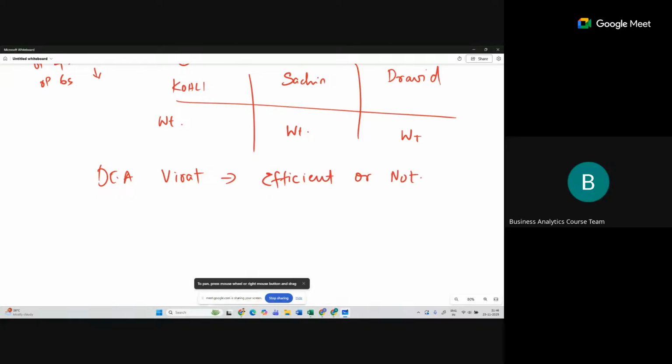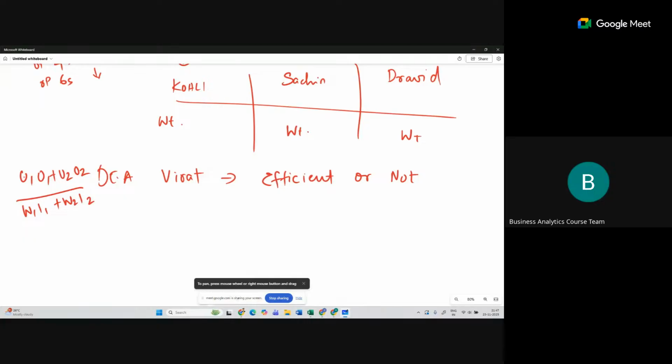Okay, so far with me? And how will you check it? You have weights, you have inputs, you have outputs. U1 O1 plus U2 O2 divided by W1 I1 plus W2 I2 and so on.